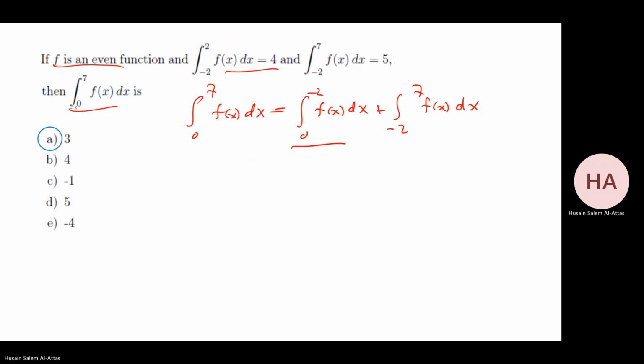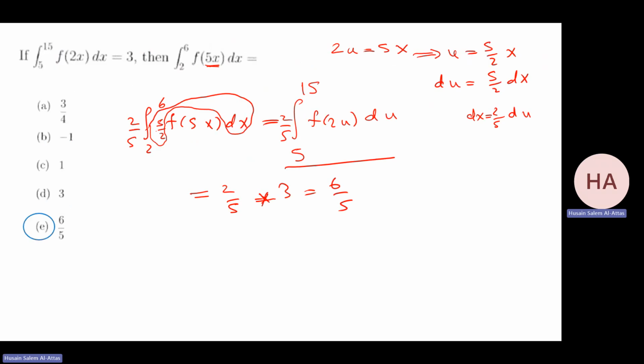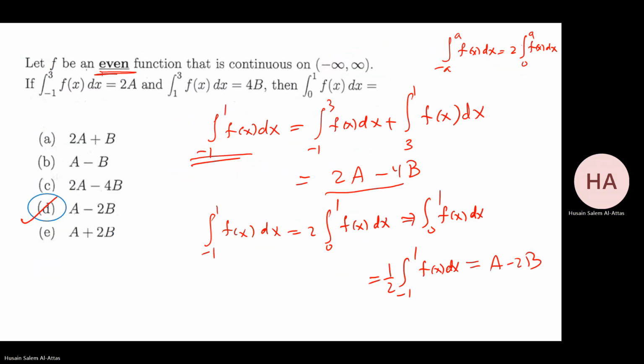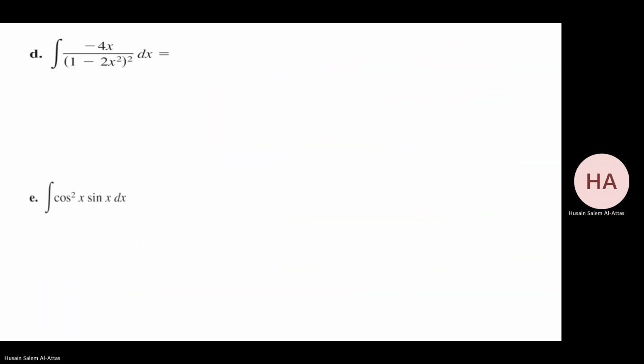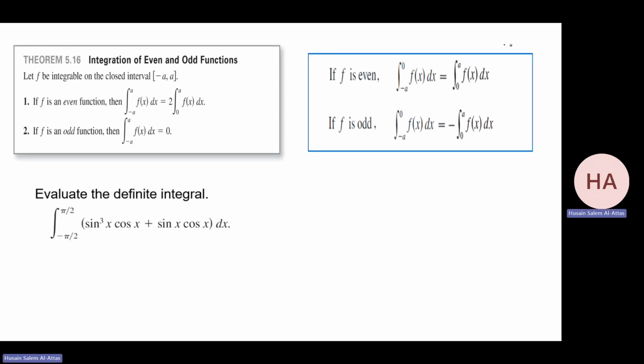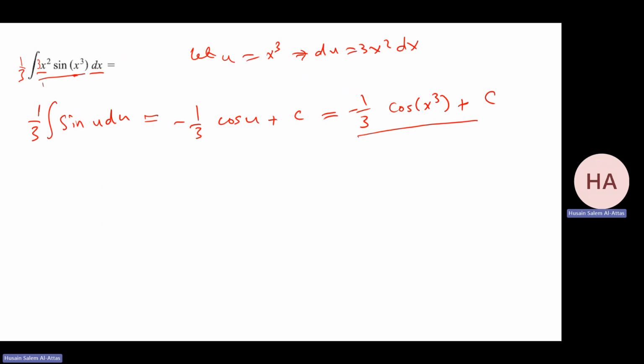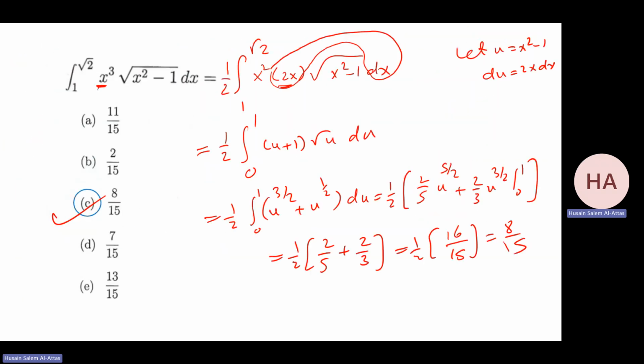There is a minus sign. Yeah, if you remember, there should be a minus sign. Yeah, if it is odd or even, I have this 0 to a, which is minus a to 0 for the even functions.